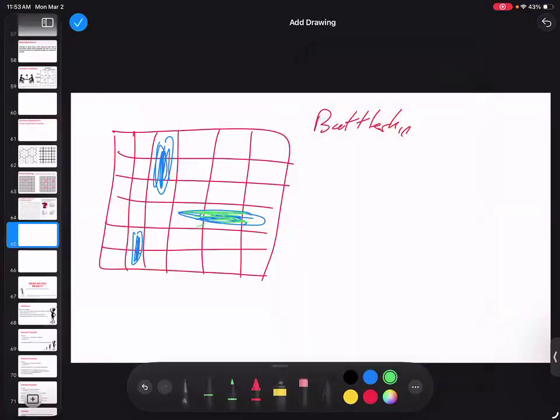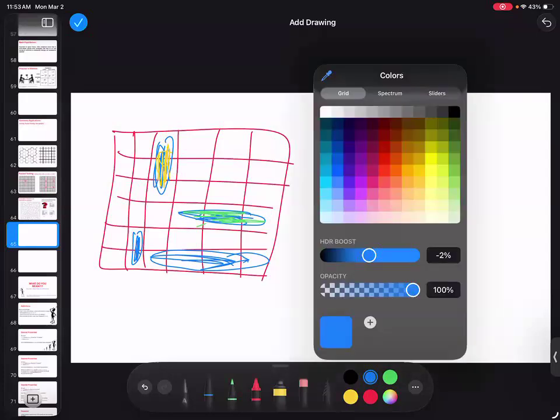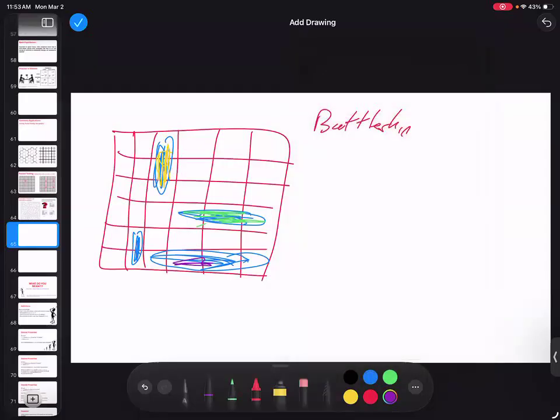I'll make the ships different colors. Okay. So I've got a bunch of ships placed.